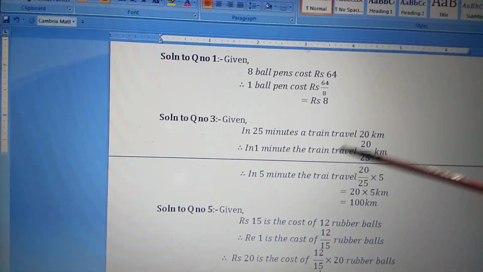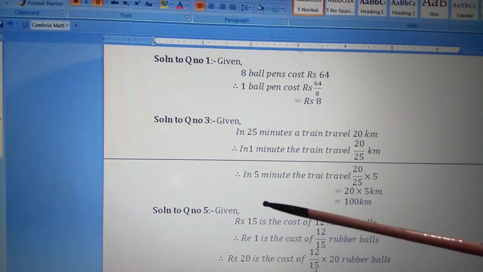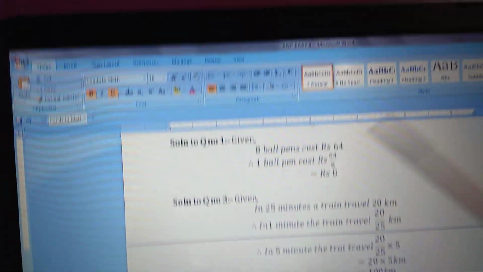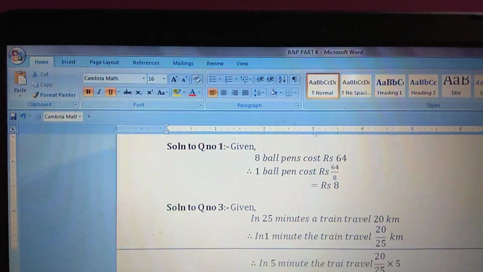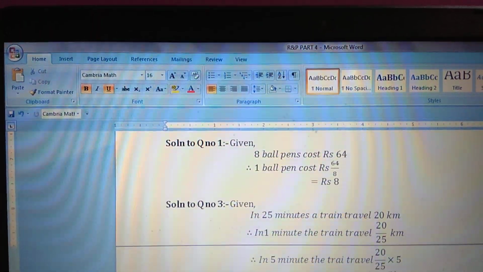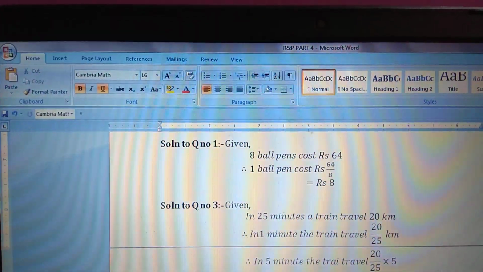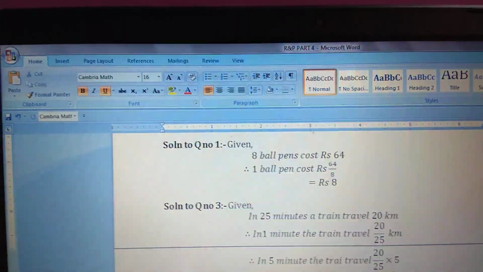So in 1 minute, it is 20 by 25 km. We need to find for 5 minutes. So for 5 minutes, it will be 20 by 25 into 5. The simplification I am leaving for the students to solve by themselves.